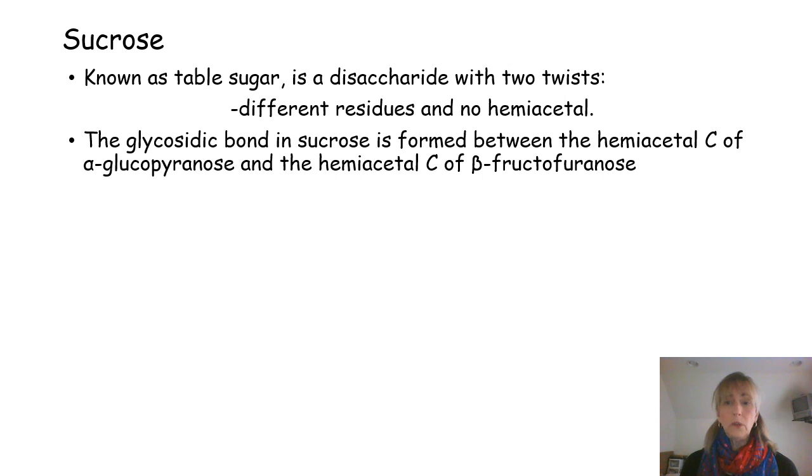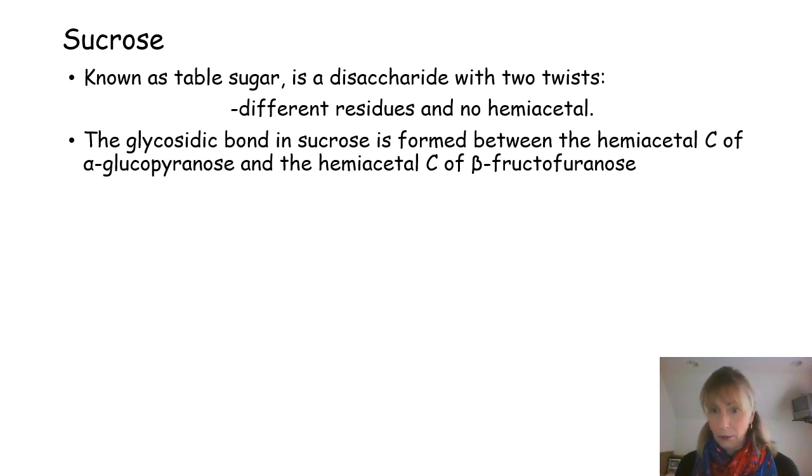The glycosidic bond in sucrose is formed between the hemiacetal carbon of alpha glucopyranose and the hemiacetal carbon of beta fructofuranose.